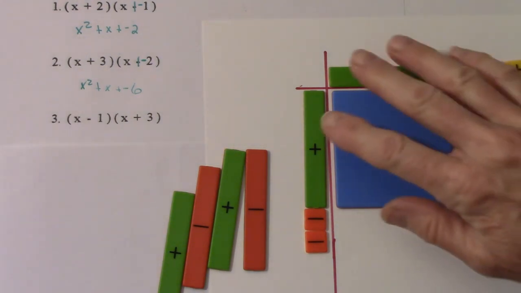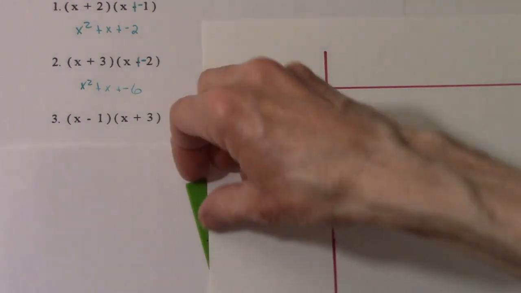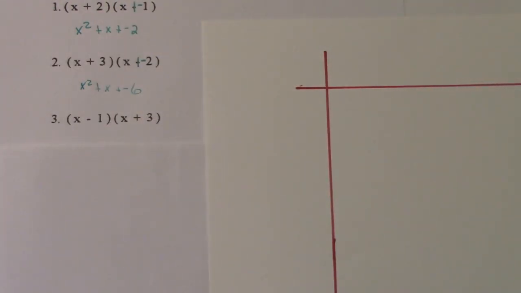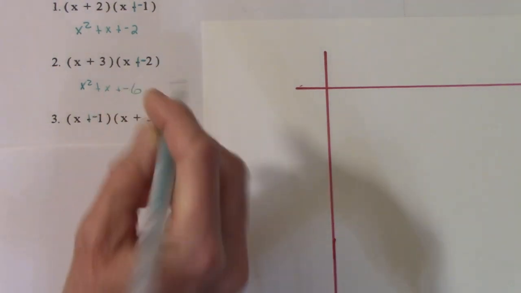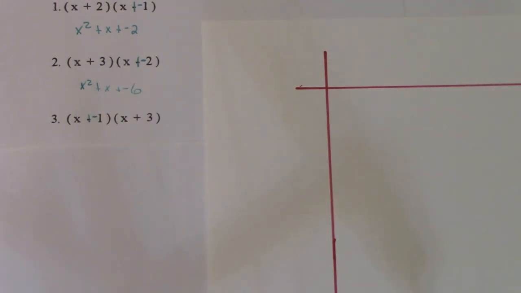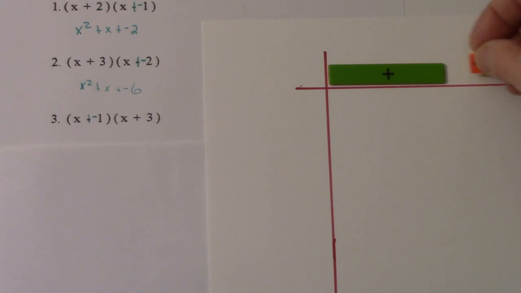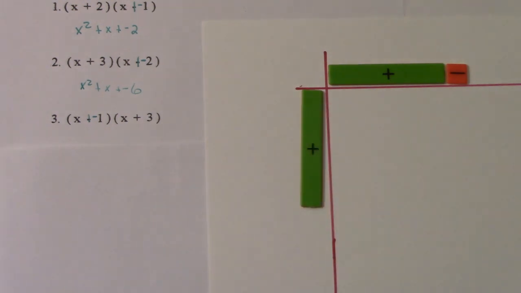Okay, for the next example, I have x plus -1 times x plus 3. So here I'm going to put my x plus -1 and my x plus 3.